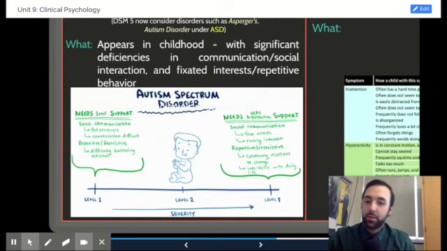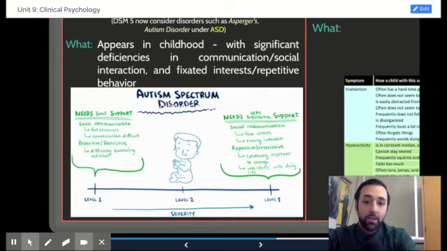Then on the other side of the definition here, we have this fixated interest element. Individuals with autism spectrum disorder might take keen interests in some type of behavior, whether that's something artistic, chess, a card game, or music, and have a difficult time switching activities from that repetitive behavior.